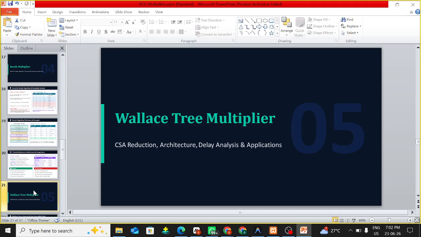Based on that P group, it checks whether all the P group elements are one, and then adds that one at the end, or else it follows the ripple carry adder. Just recall that concept, and you will get why I say it reduces three numbers at a time, because it uses a carry save adder to reduce three numbers at a time.